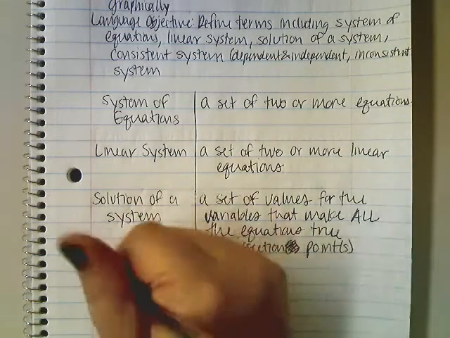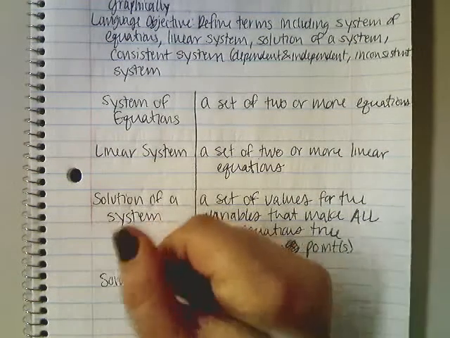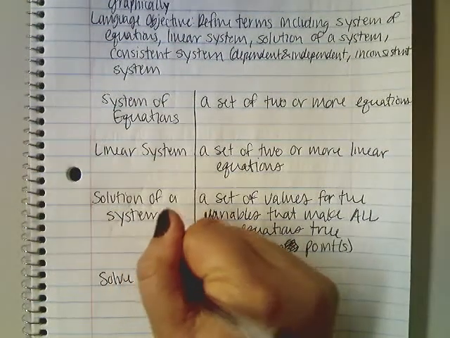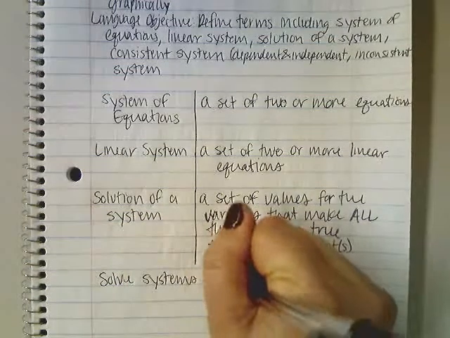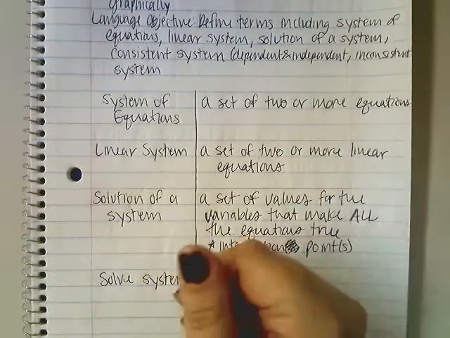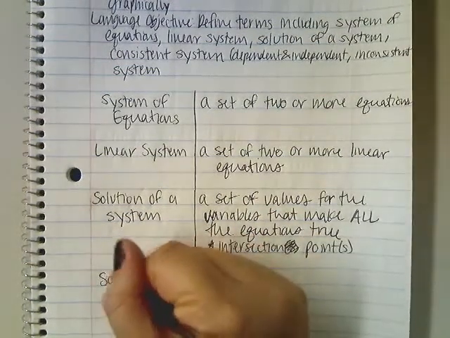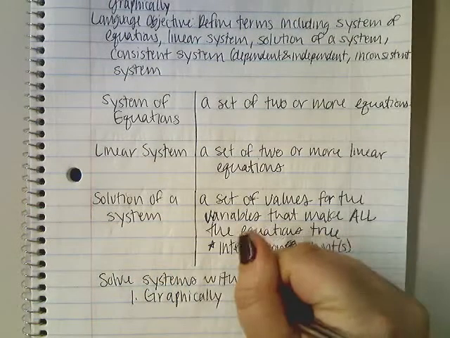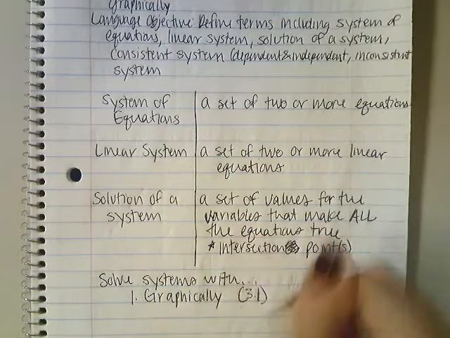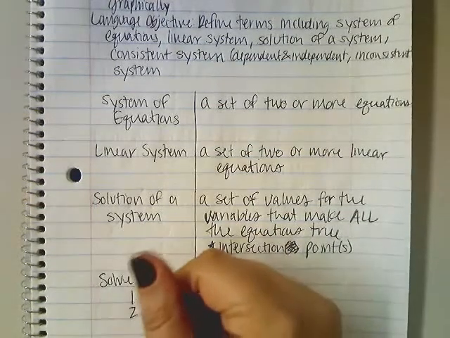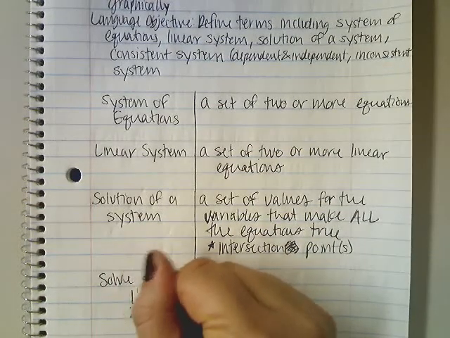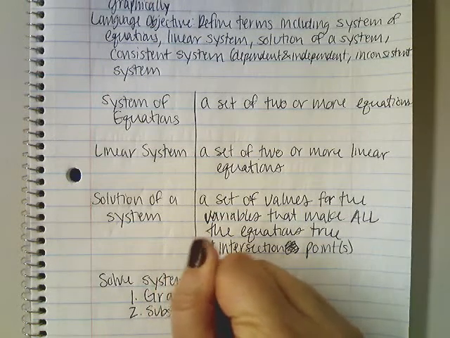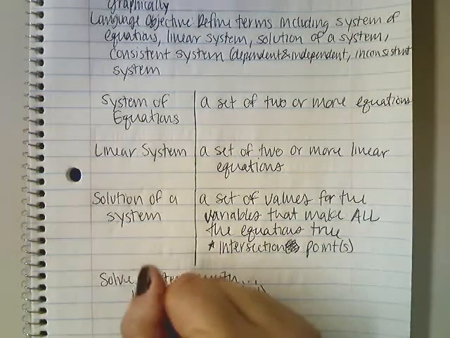So we can solve systems, and there are four ways when we're solving linear systems. You can solve graphically, which we're learning today in 3.1. You can solve it algebraically with substitution or elimination.